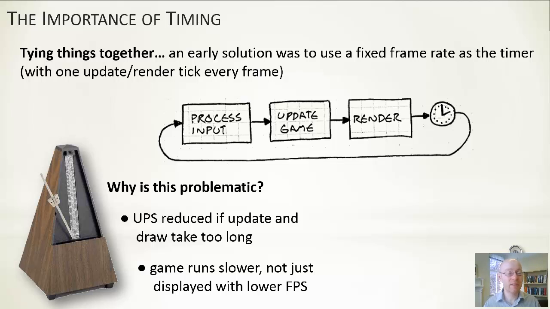If in our update we've assumed that we will have 30 of them a second, and we're updating the position based on 30 updates a second, and we're only calling it 20 times, then other than the game being displayed slower, it actually plays slower. The whole thing slows down and the user will not be playing the game at the speed we intended them to play it at. So this is not a great solution where the total load from one frame to the next is variable. It's something we can improve upon.